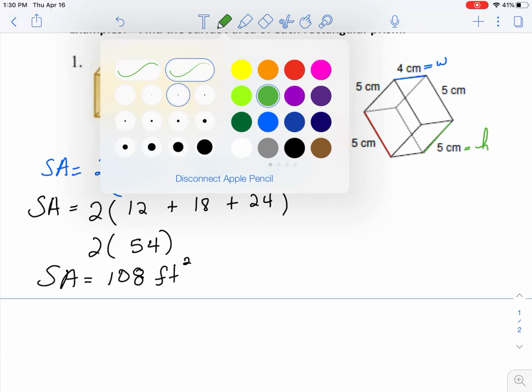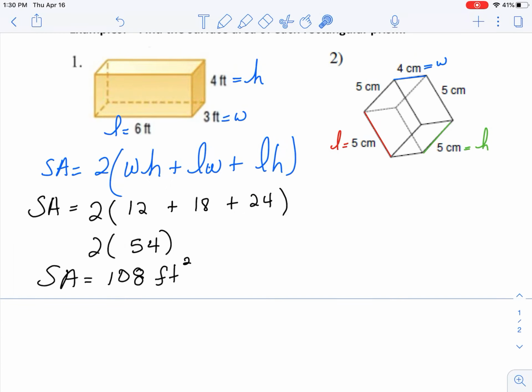So with that, what we went ahead and did here was we went width times height. So the 4 times 3, which gave us 12. The length times the width, 6 times 3 is 18. And then the length times the height, 6 times 4 gives us the 24.